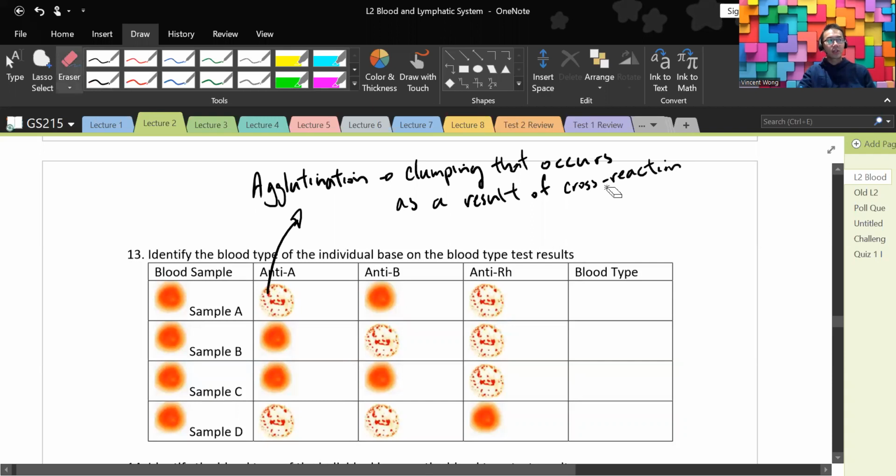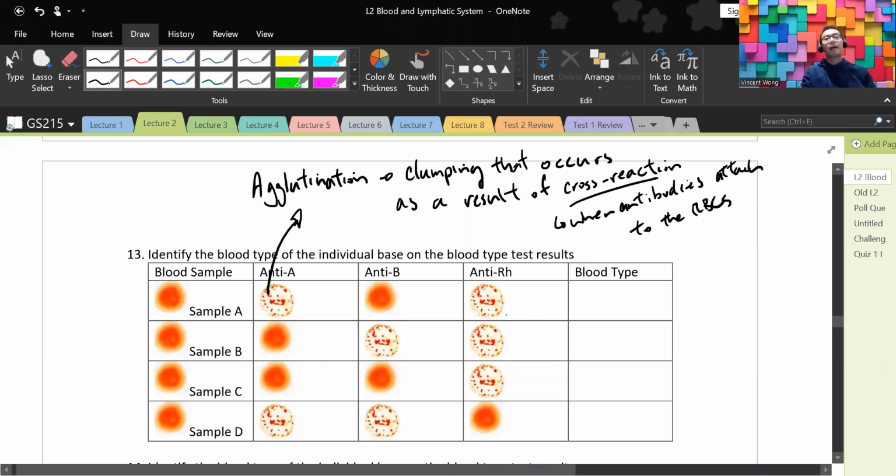Okay, so cross reaction is when the antibody tags the antigen to the RBC. They cause them to clump together and then they break apart, right?